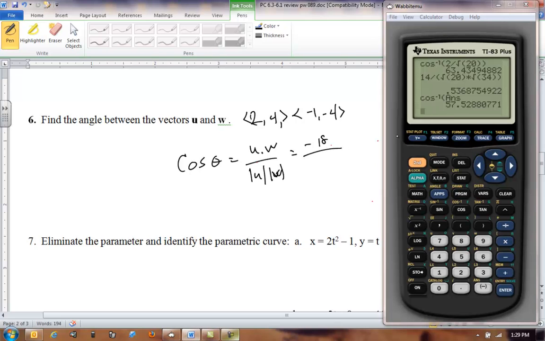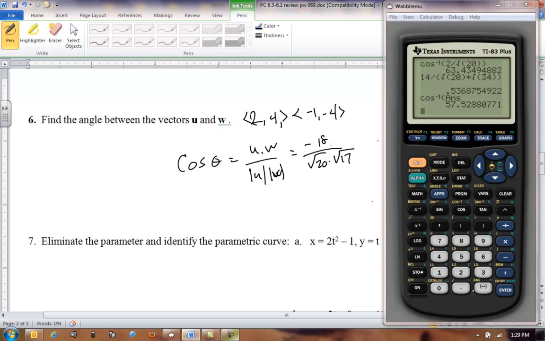On the bottom, magnitude of u is the square root of 4 plus 16, square root of 20, times the square root of 1 plus 16, which is 17. Negative 1 squared is 1, plus 16, that's 17.